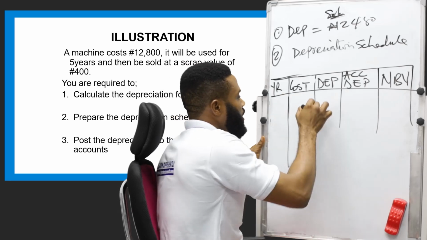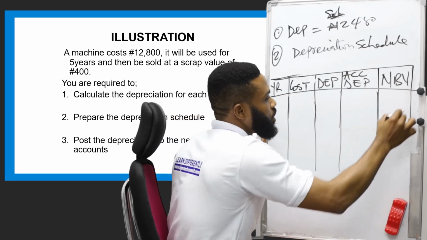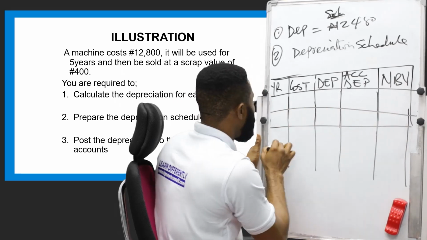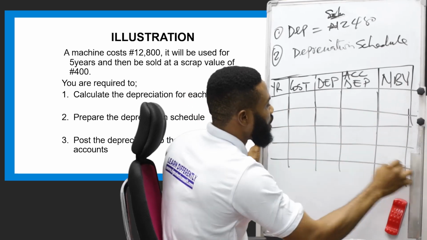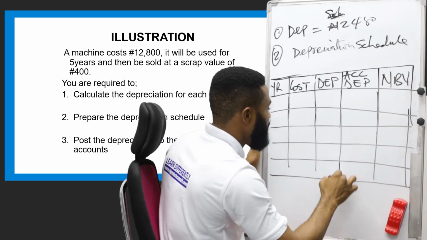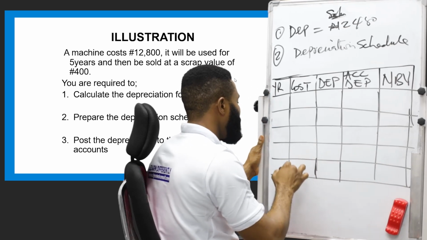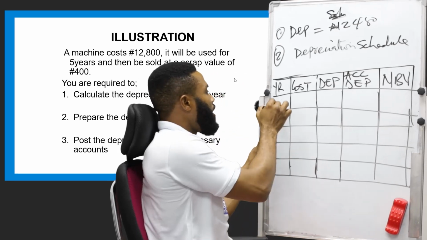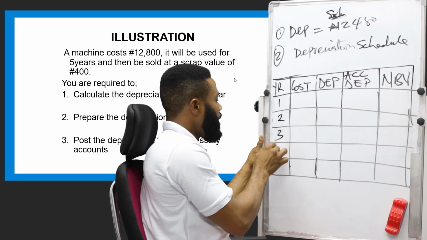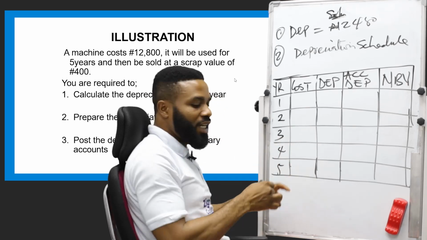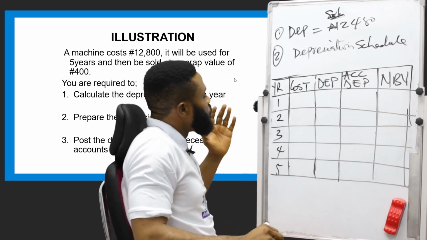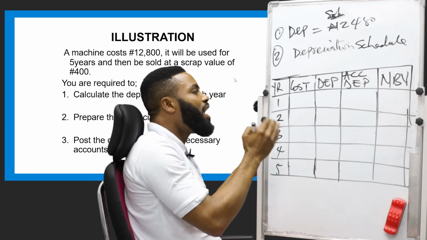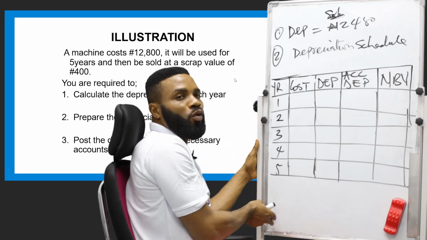So this is how the depreciation schedule will look. You have year 1, year 2, year 3, year 4, and year 5. Please, I want to point out that students should know that even if the asset will last for 10 years, the column here must go up to 10.